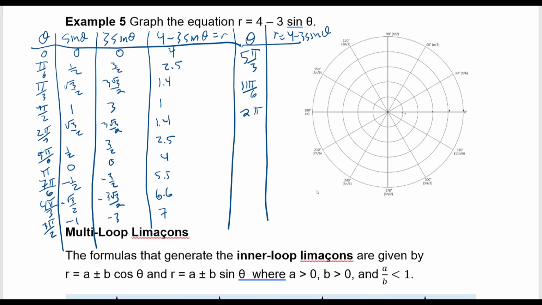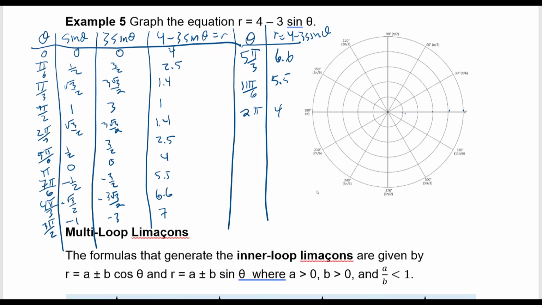So sine of 5 pi over 3 is going to be negative square root of 3 over 2 times 3. So it's basically going to be this case right here. So we get a 6.6 again. For 11 pi over 6, it's going to be kind of like the 7 pi over 6. So we're going to get ourselves a 5.5. And then for 2 pi, that's just going to be like pi or 0. That's going to give us a 4.